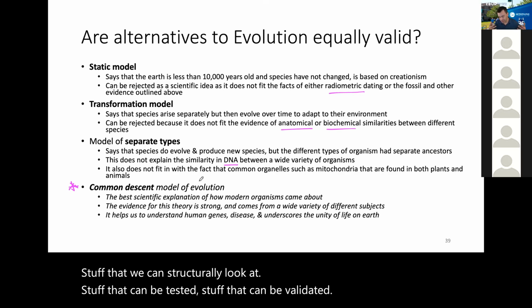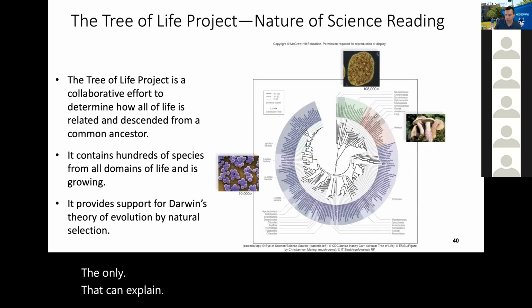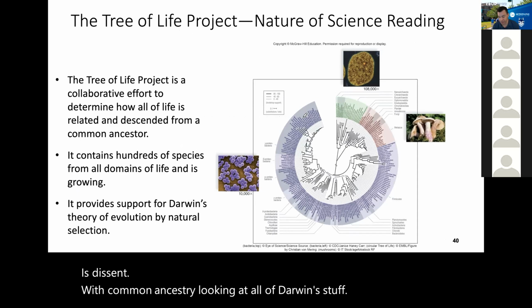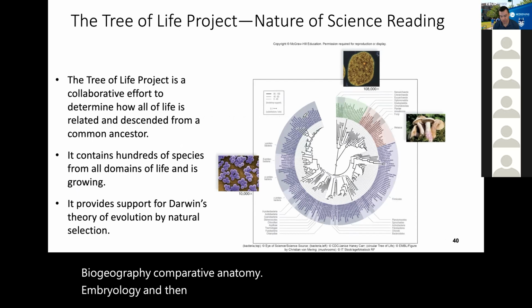The only theory that can explain all of this life, and this is the Tree of Life project, is descent with common ancestry, looking at all of Darwin's stuff, biogeography, comparative anatomy, embryology, and then the stuff that Darwin didn't know, DNA, biochemistry.